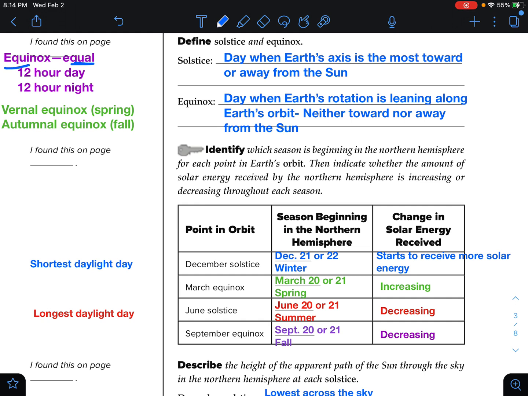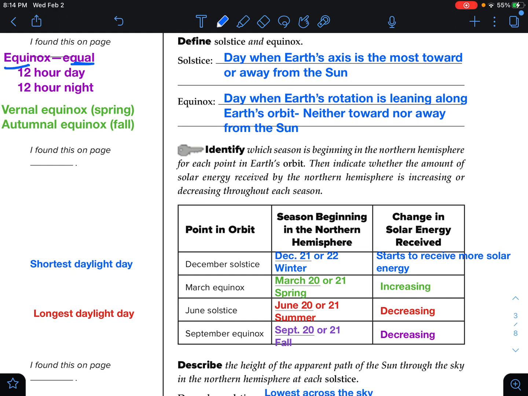So then we're about halfway, like 3 more months, and we're still increasing the amount of daylight hours that we're seeing. We're seeing that happening right now. So we're increasing until we get to that June solstice, which is the longest daylight day of the year. So then we make our swing back around. We're continuing on this elliptical orbit.